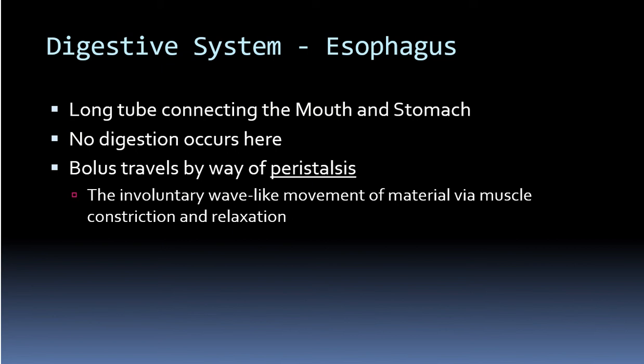And this is done through muscles throughout the digestive system constricting and relaxing. The key emphasis is that peristalsis is an involuntary movement, so you do not need to consciously think about pushing food through your esophagus, through your stomach, through your intestines, which is definitely a big bonus.